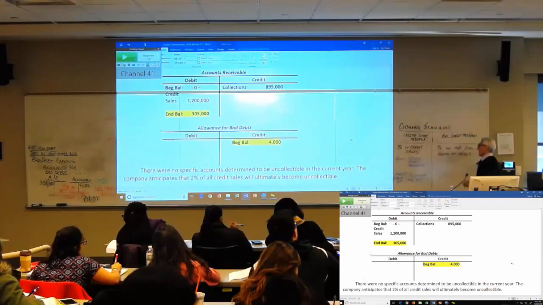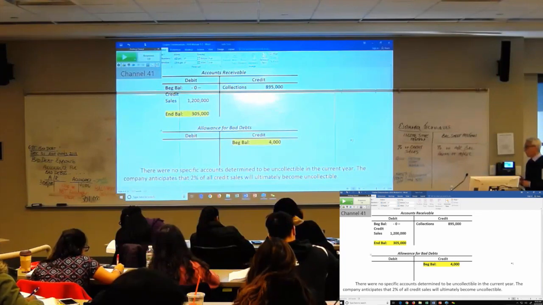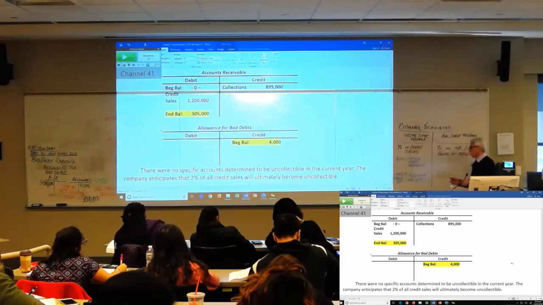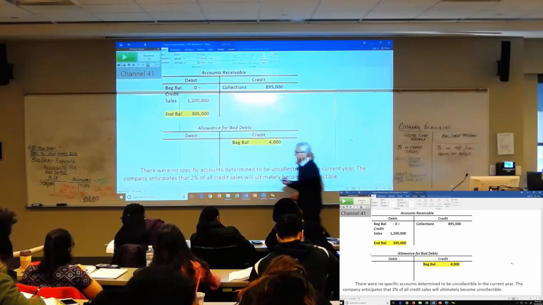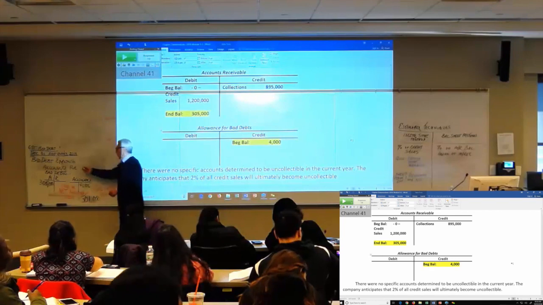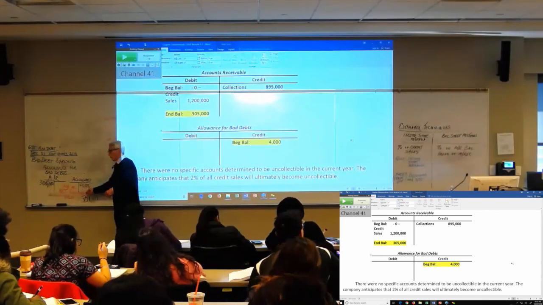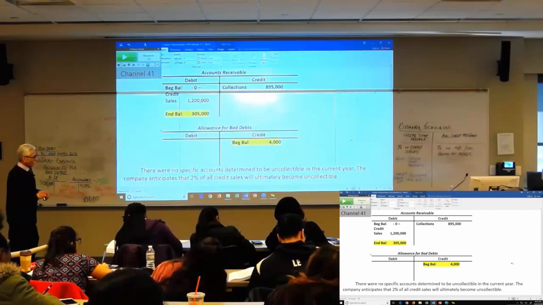So the focus is on the income statement, the matching, and the trade off is in the net realizable value. The main goal is to get the expense at a certain level, and that will force the allowance and the net realizable value.